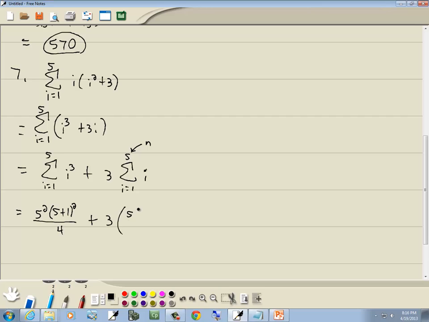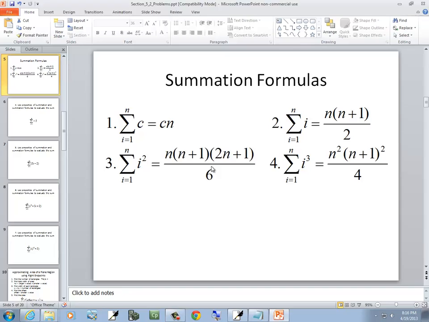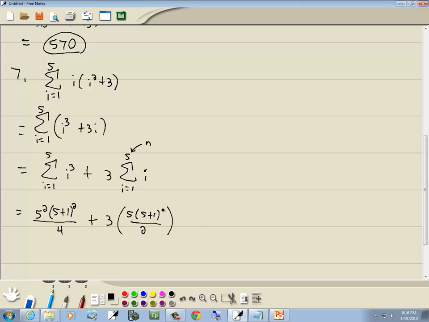So we're going to have 5 times 5 plus 1 over 2. Let's see, 5 squared is 25. 5 plus 1 is 6. 6 squared is 36 over 4. Plus 3. And then we got 5. 5 plus 1 is 6, so 5 times 6 over 2.